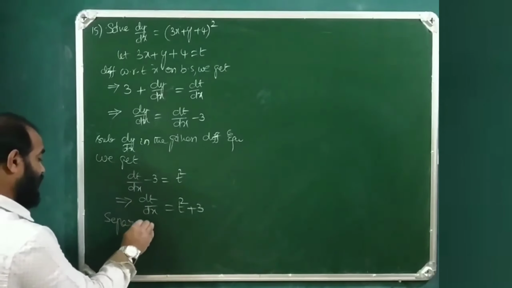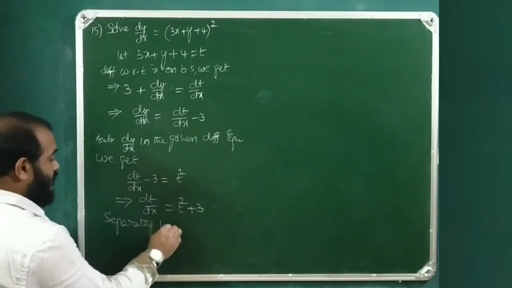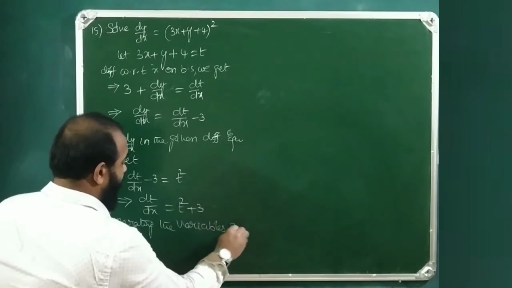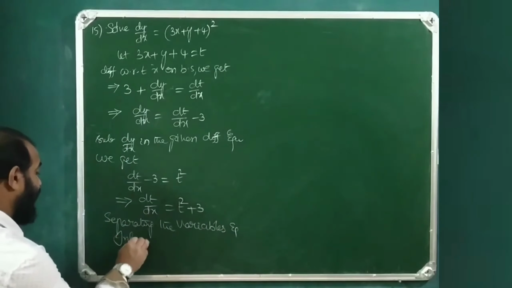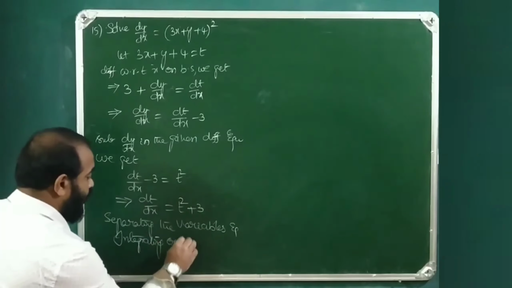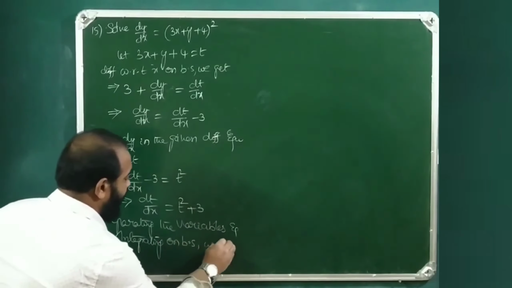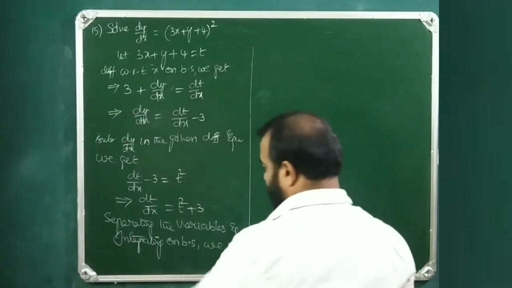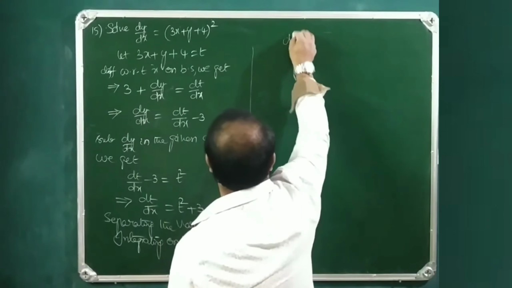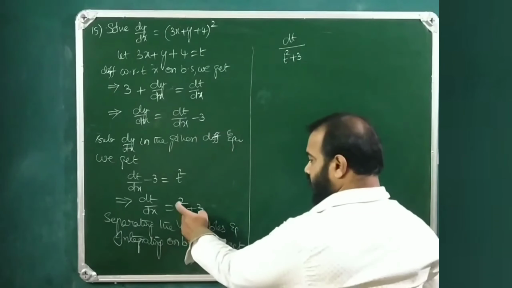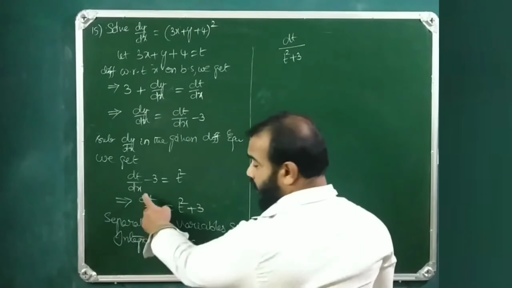Separating the variables and integrating on both sides, we get dt by t square plus 3 equals dx.